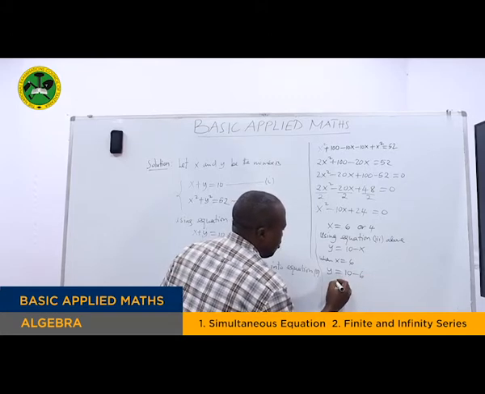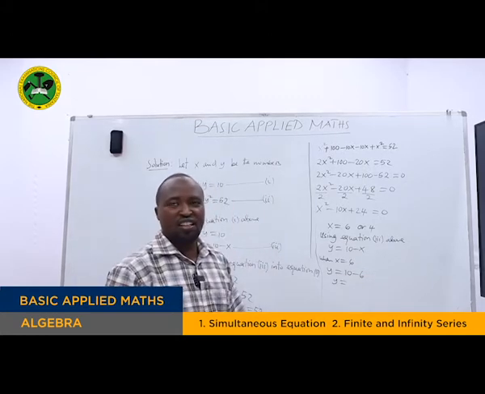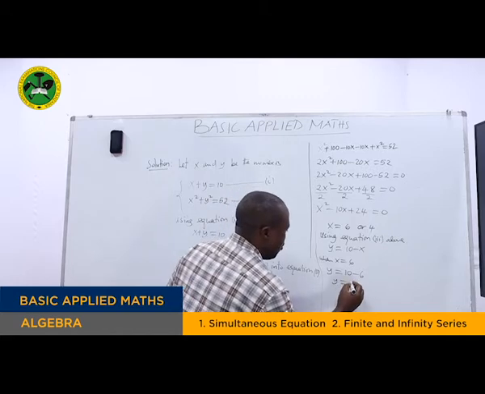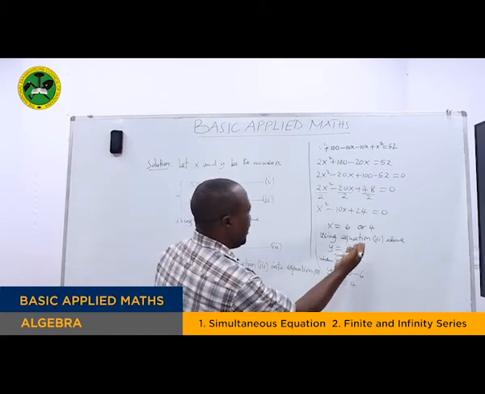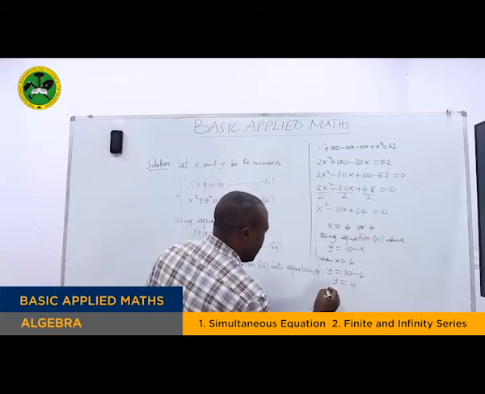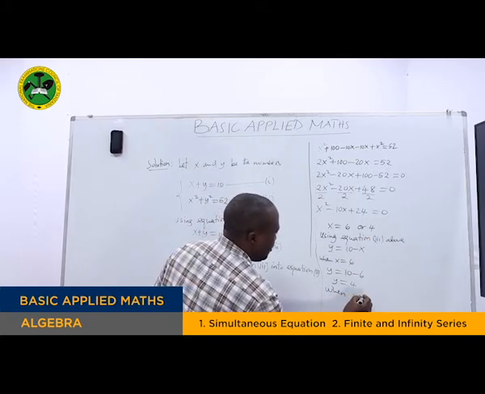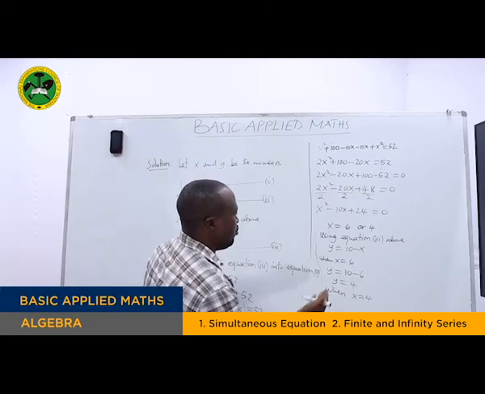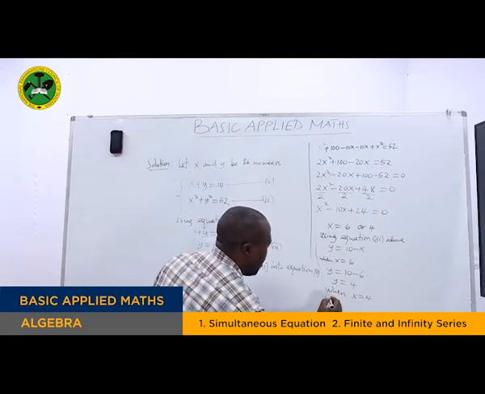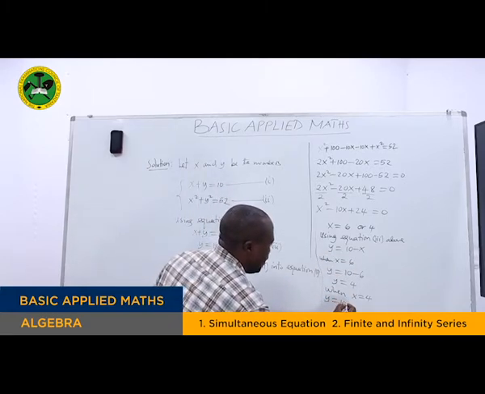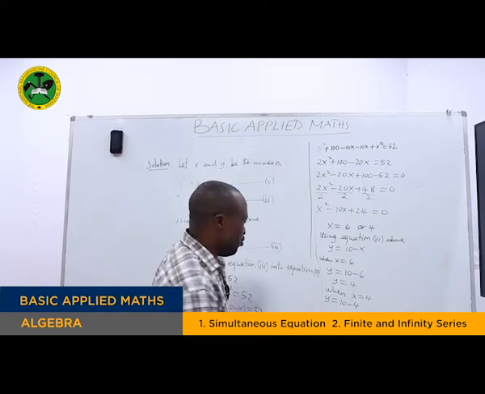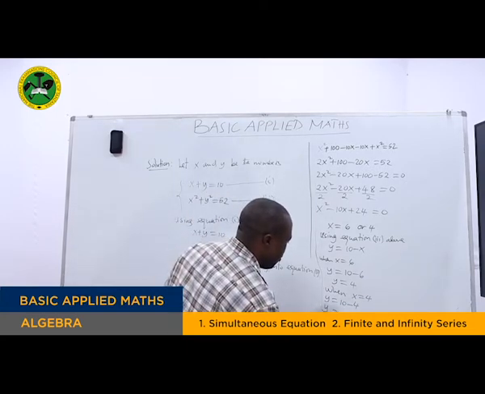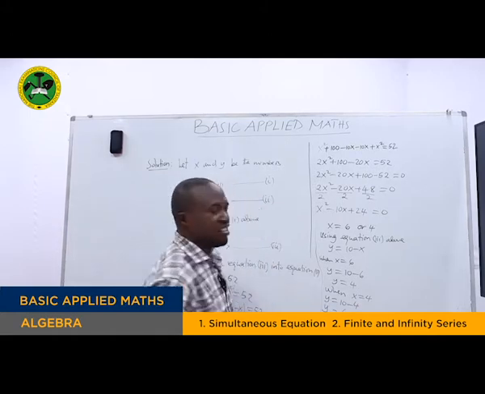Here we are going to have 4. And again, when x is equal to 4, we use the same equation, that is y is equal to 10 minus 4. So y will be equal to 6.